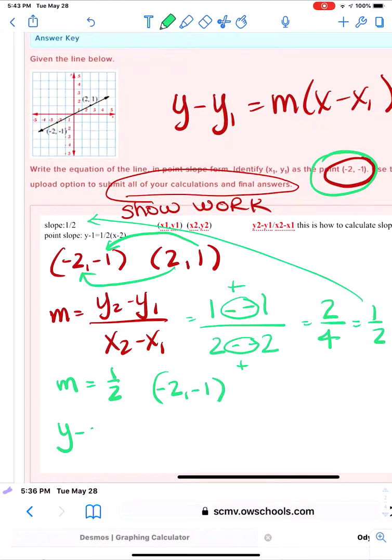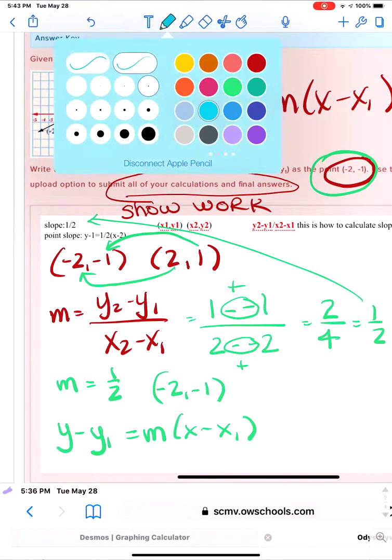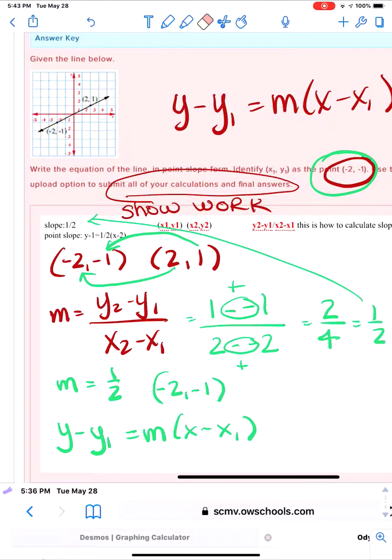They told us up here I've got to use this point. So I'm going to start out with my equation. Let me change color one more time just so you can see where I'm plugging stuff in. So m is 1/2. My x sub 1 is that value right there, so when that gets plugged in, it's going to be -2.